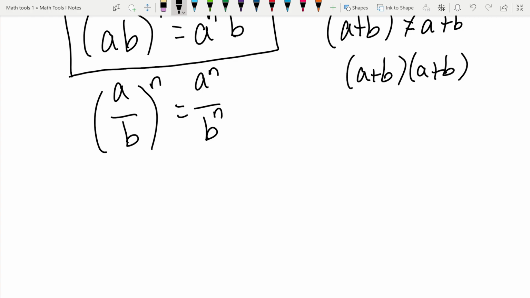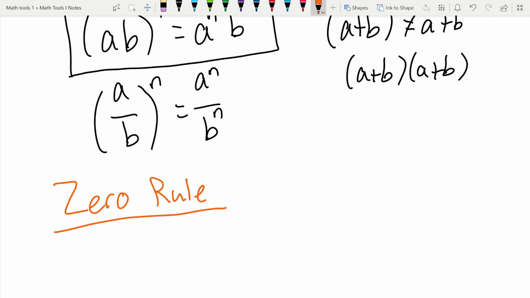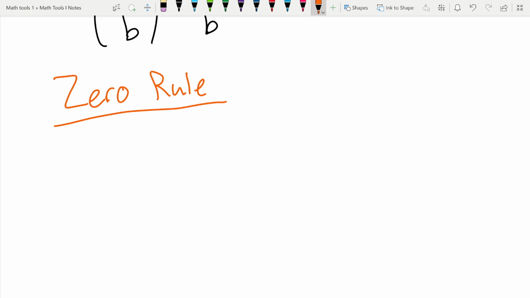All right, the next one, this one's called the zero rule. Okay, and this just describes what happens if you have something to the zero power. There's different ways to show this, but the way that I like to show it, let's just say that we have x squared divided by x squared, and of course we're implicitly going to be assuming here x is not equal to 0, because again, we're introducing a denominator here.